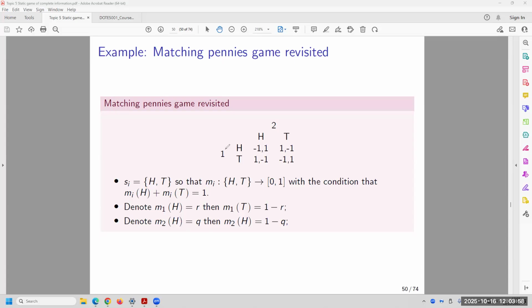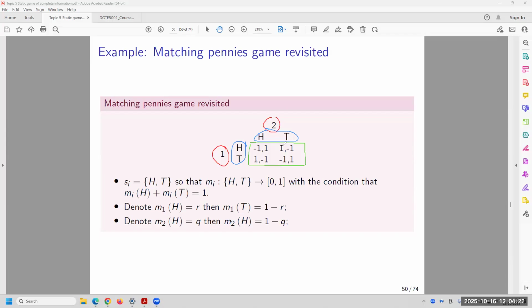So here again, we have two players. The red and the blue mean the strategy set, and the green will be the payoff function. Now we allow our strategy to be not just pure strategy; we allow mixed strategy.